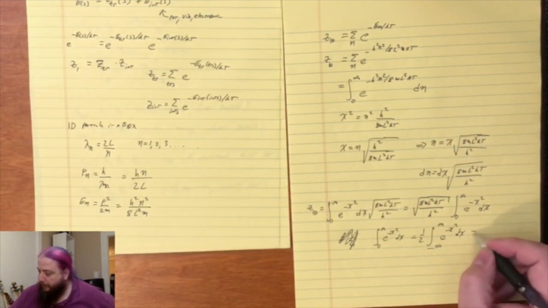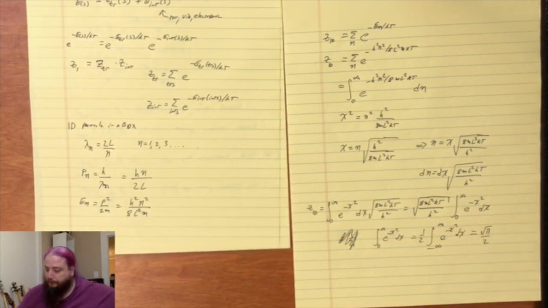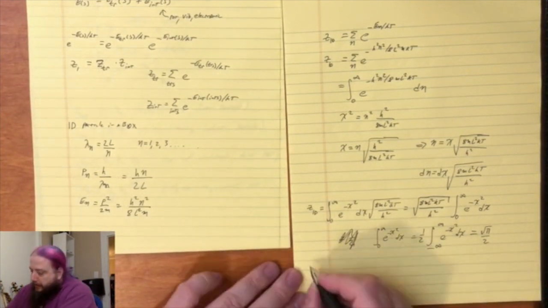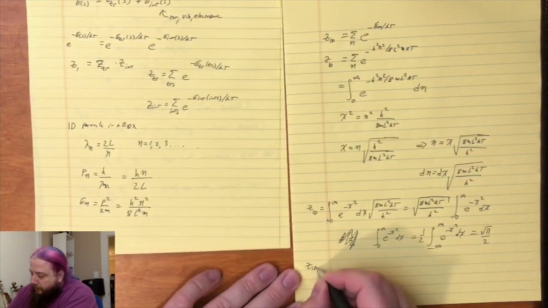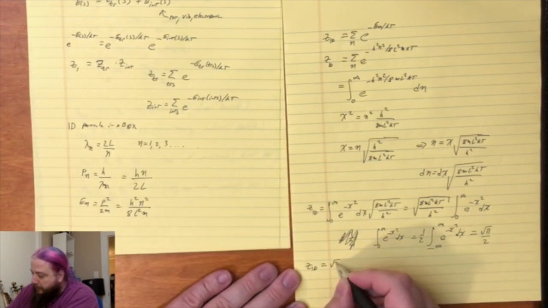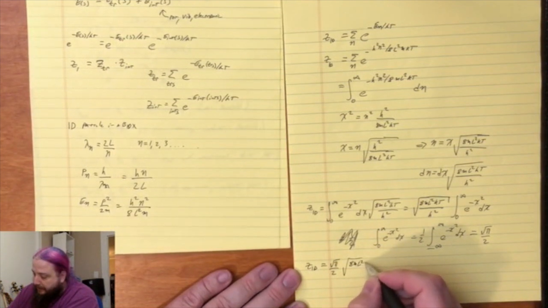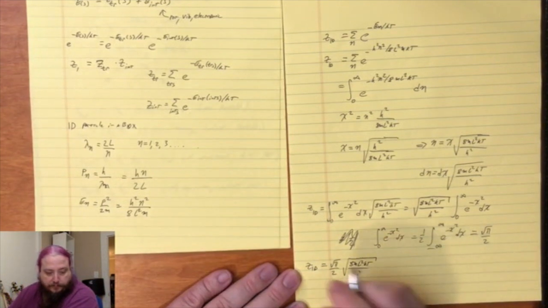This integral was root pi, so this is going to be root pi over 2, and therefore our partition function for our one-dimensional single particle in a box is going to be root pi over 2 times the square root of 8ml squared kT over h squared.